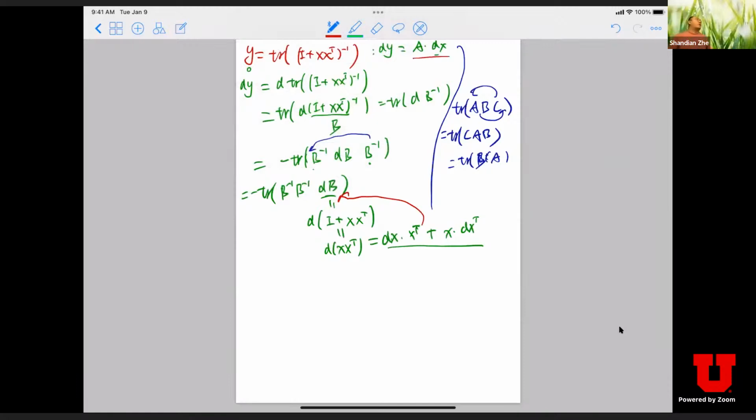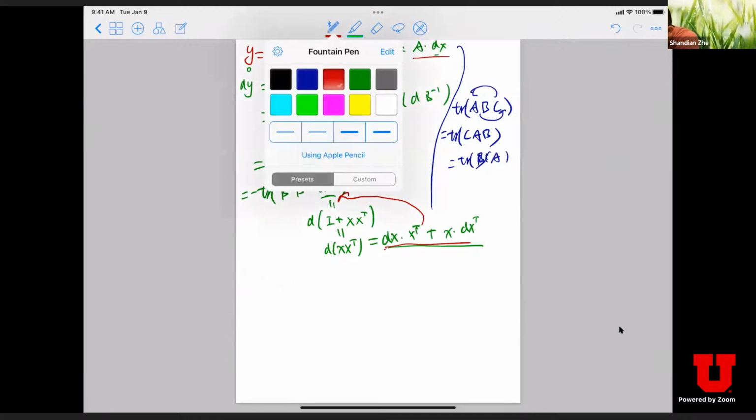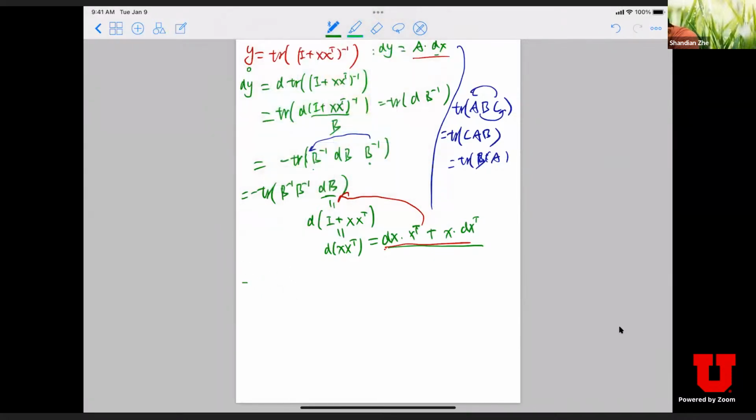So if we substitute our dB, which is in terms of dX, into the trace, we get minus trace of B inverse B inverse times (dx times x transpose plus x dx transpose).